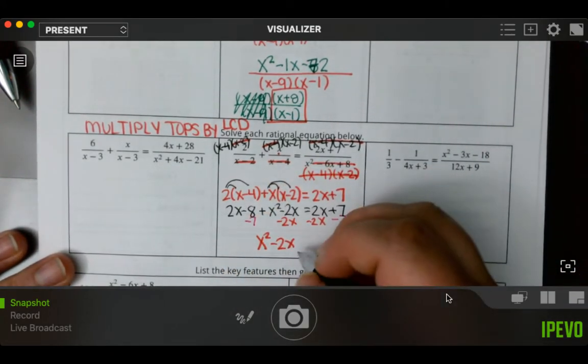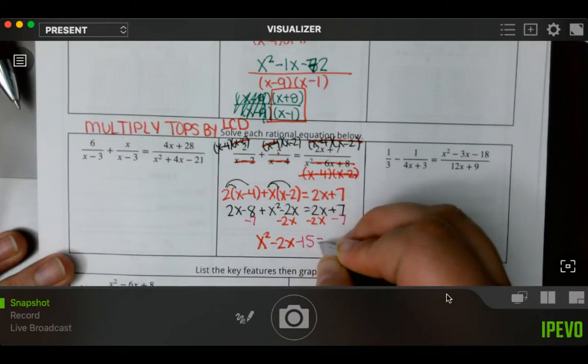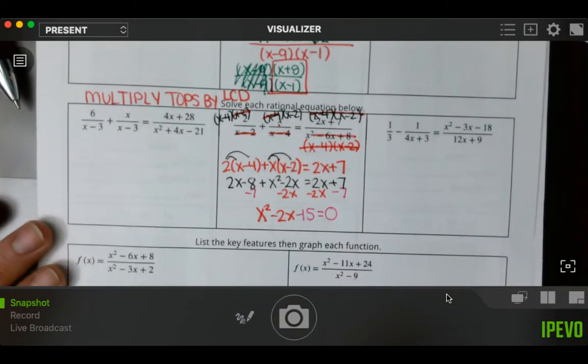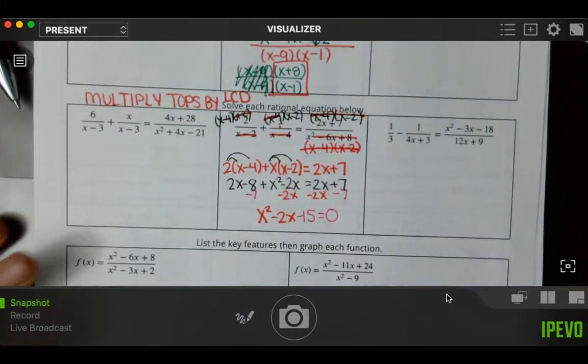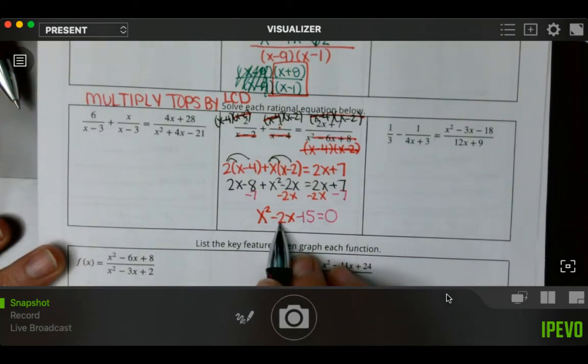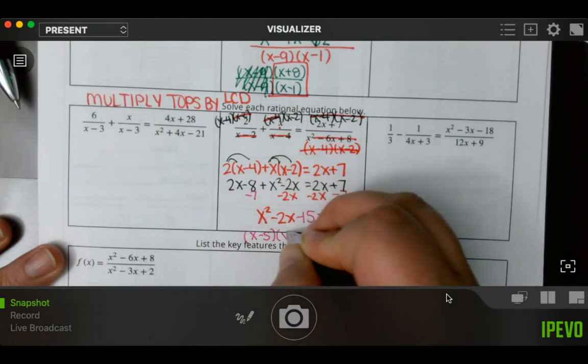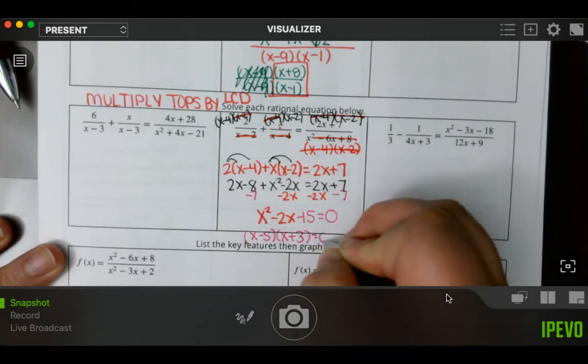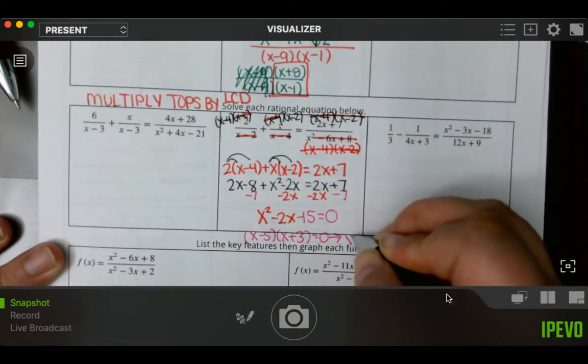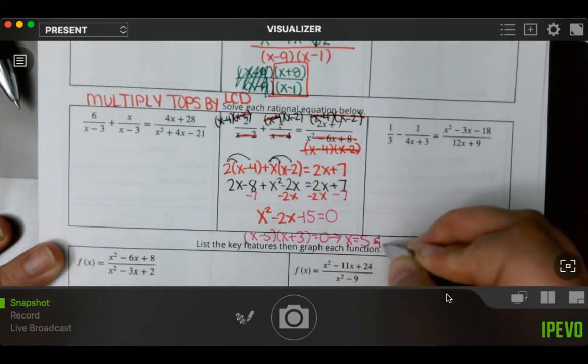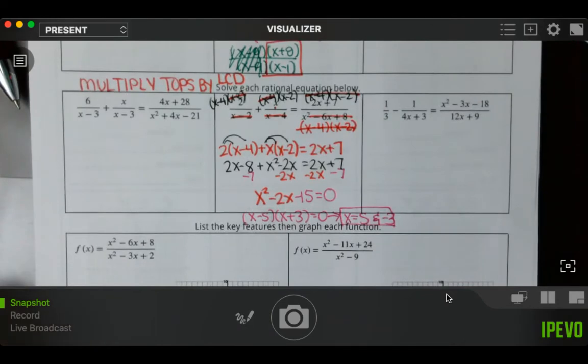Negative 7 and negative 8 make negative 15. For my finale, I need two numbers that multiply to this and add to this. That is negative 5 and 3. So my two answers are x equals 5 and negative 3. They always flip after you factor.